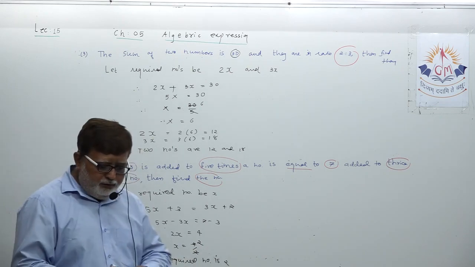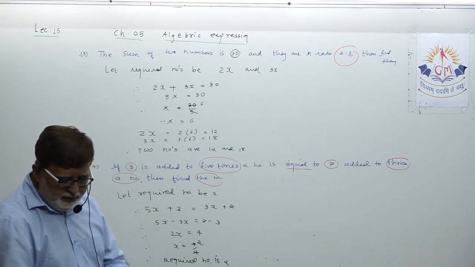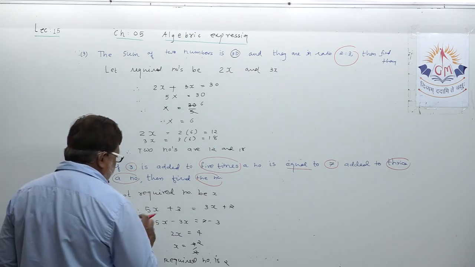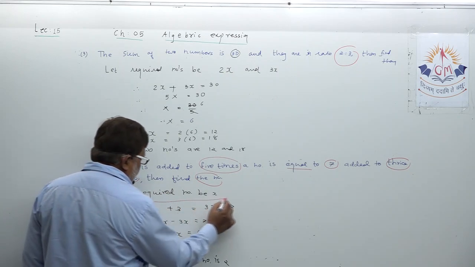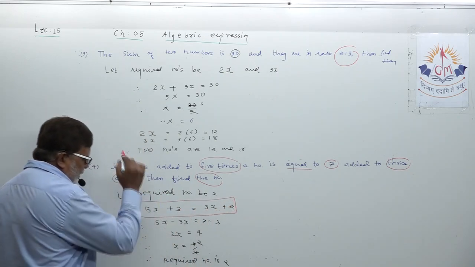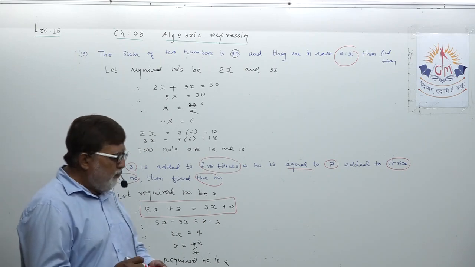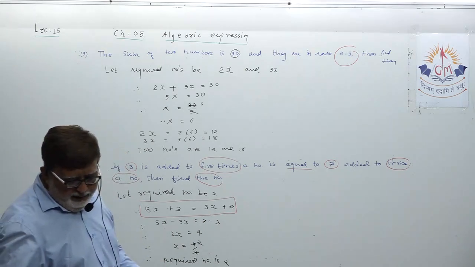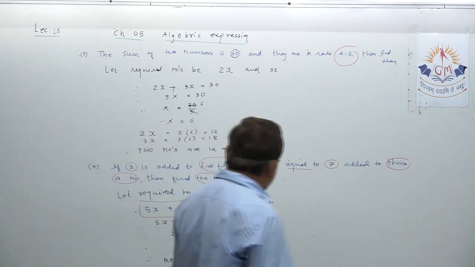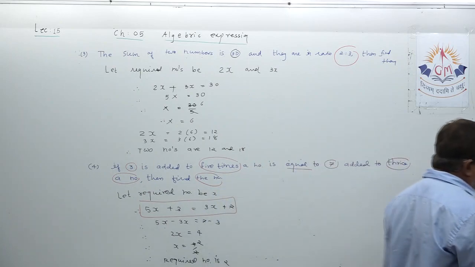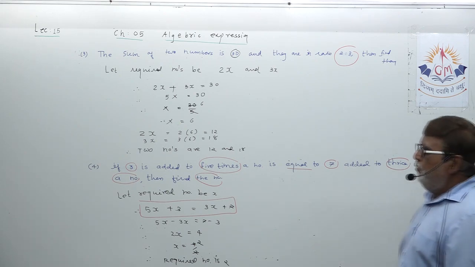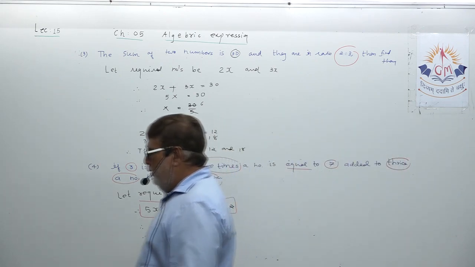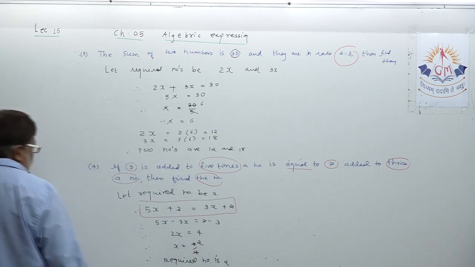Simple, but dear student, you have to understand and develop the skill of expressing whatever is given in words in symbolic format. If you develop that skill, understanding the given data will help you to solve any equation of this type.